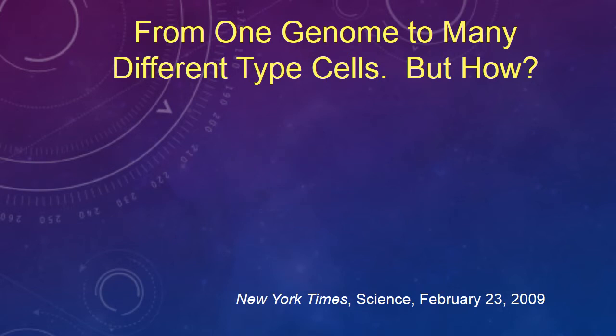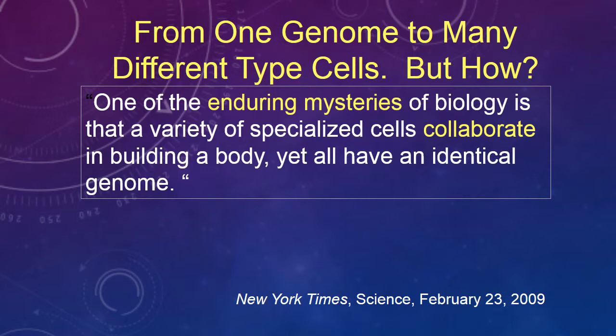So the question is, how does one entire library in every cell build different types of cells? The New York Times in the Science edition said this is a mystery, that a variety of these specialized cells collaborate into building a body of different cells, yet they have the identical genome.